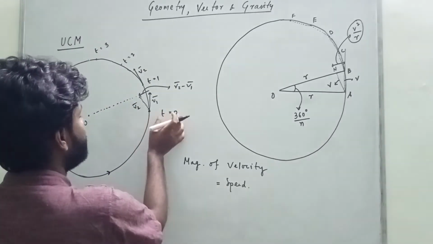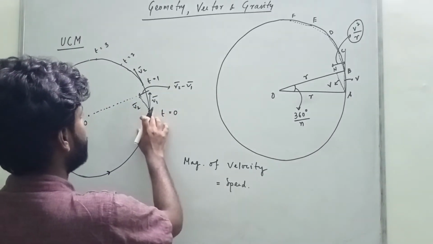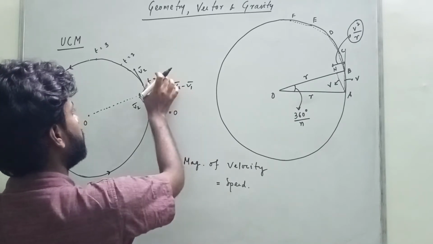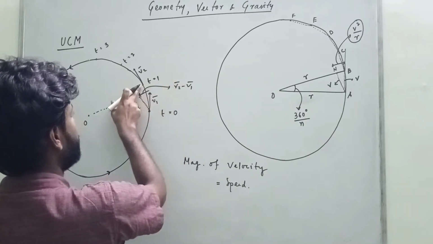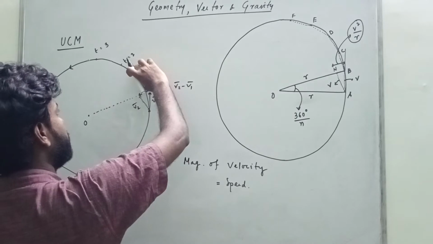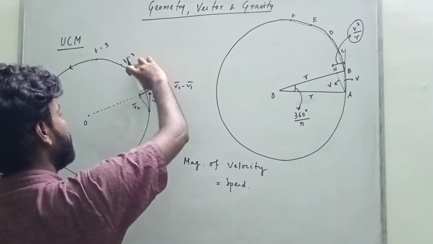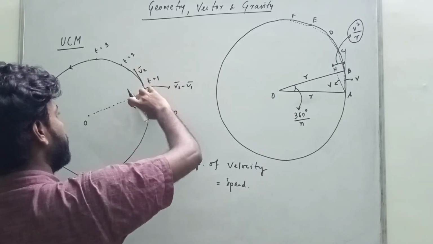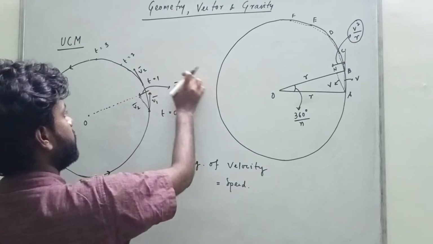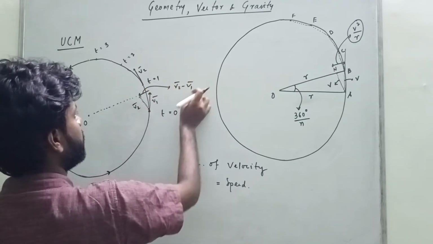At time t equals 0 the particle is here, and at t equals 1 second the particle is here. I translate this final velocity from here to there and subtract, v2 minus v1.